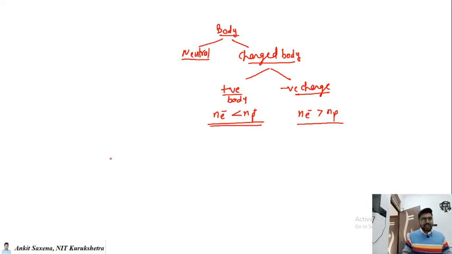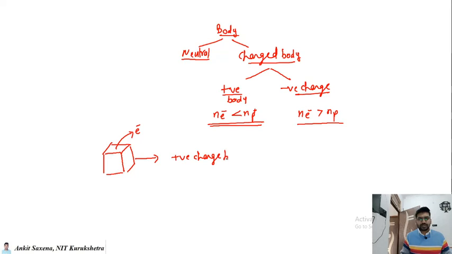Okay. For example, if I take this body and if one electron from this body gets away, such body is known as a positive charge body, because the number of protons is now greater than the number of electrons. In this condition, when an electron leaves the body surface, the body gets a positive charge.